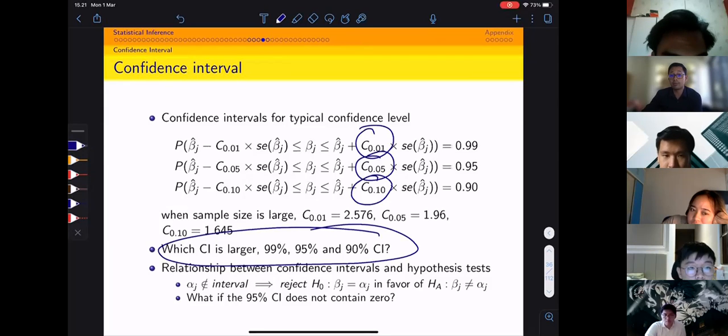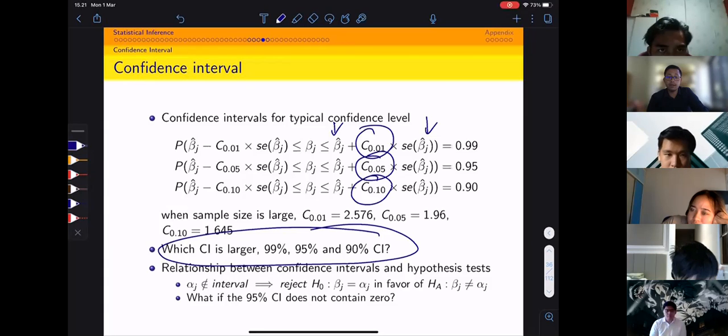All else the same, the estimate, beta hat j, is the same, the sample size is the same. The only difference is the significance level and thus the confidence interval. Which one is going to be larger? The 99, the 95, or the 90% confidence interval?